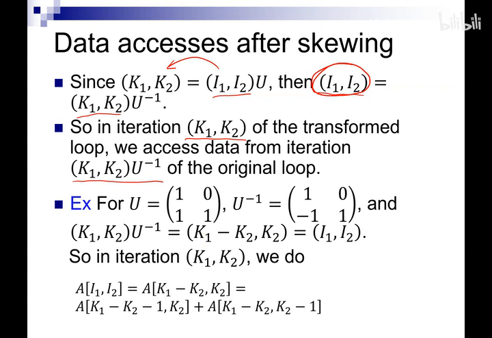Now what we know is that in iteration I1, I2, we accessed A of I1 minus 1, I2, and then A of I1, I2 minus 1. Now this I1 is equal to K1 minus K2, and this here is equal to K2.